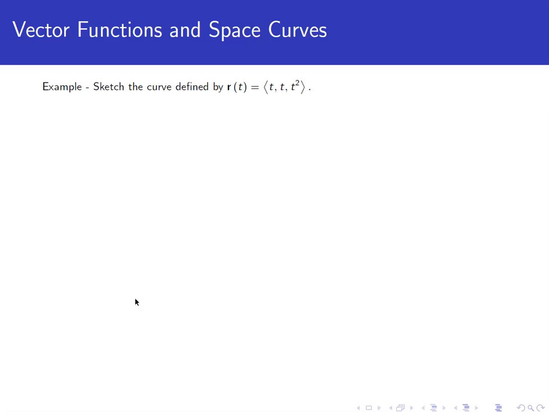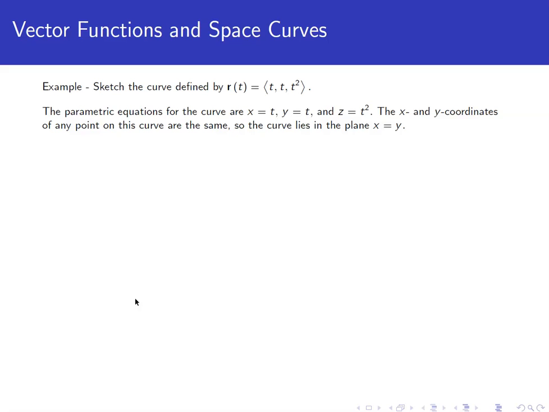Let's sketch the curve defined by r of t equals the vector t, t, t squared. Well, the parametric equations are x equals t, y equals t, and then z equals t squared. First thing that we notice is that the x and the y coordinates are always the same, no matter what we plug in for t. The x has to equal the y.